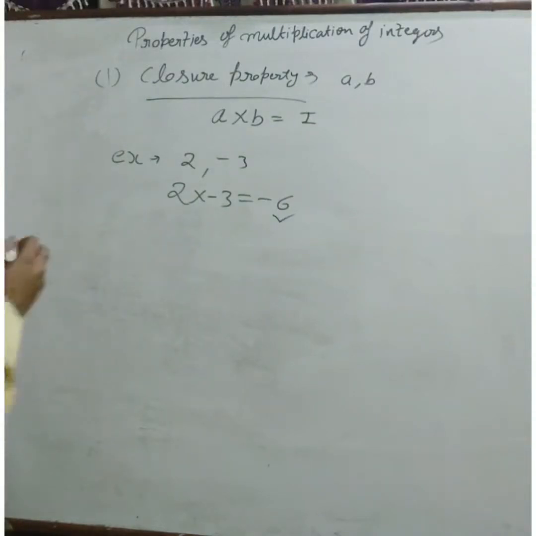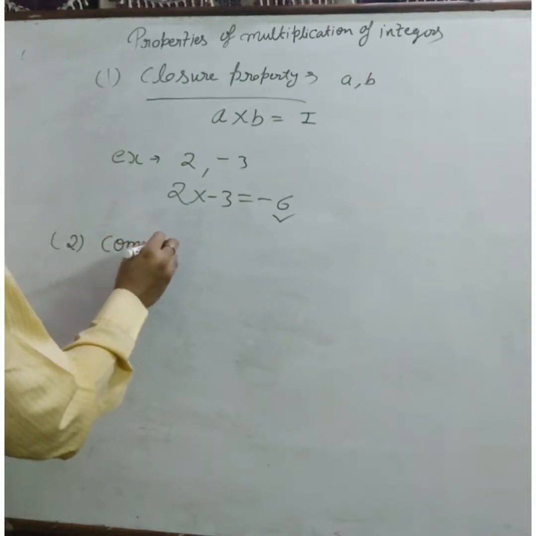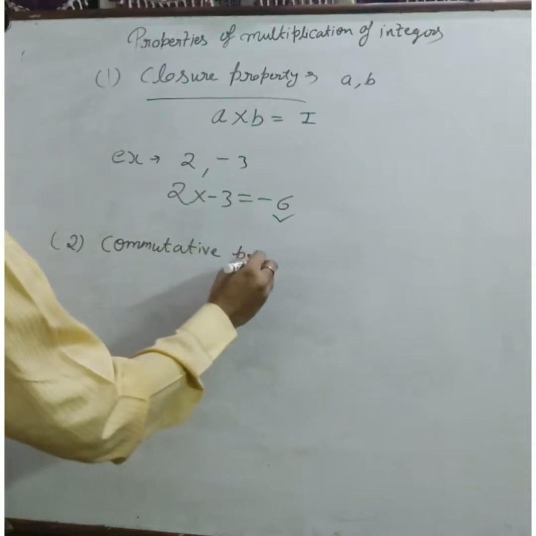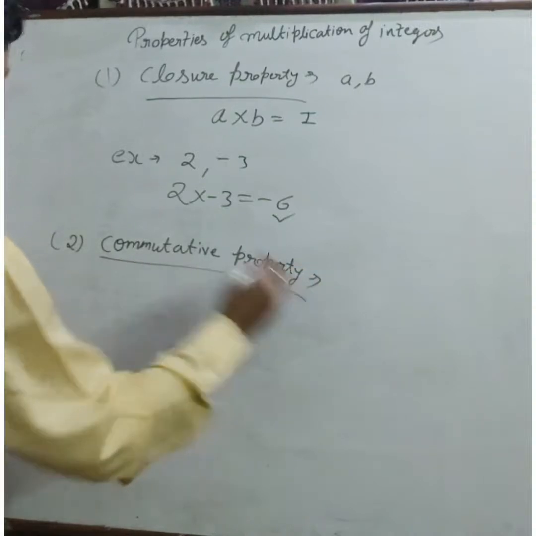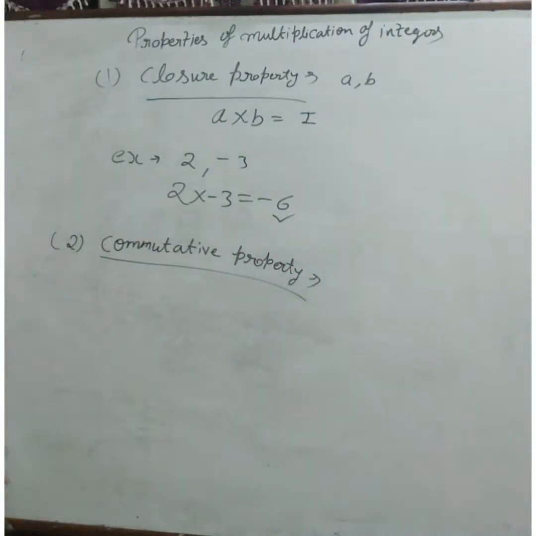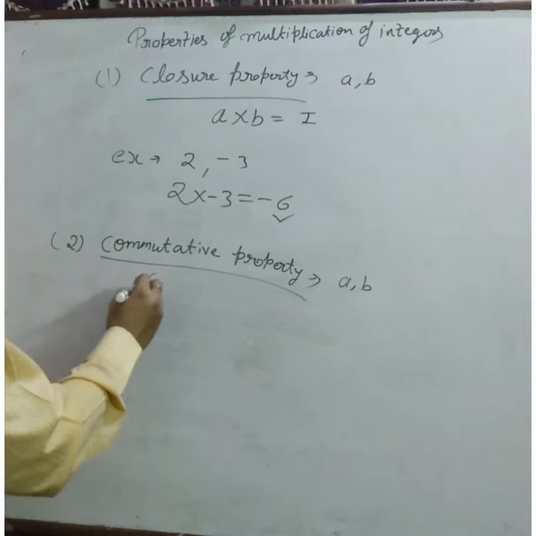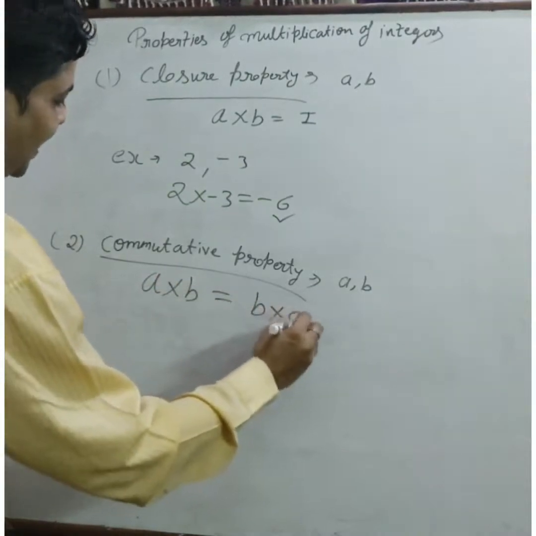Now the second property is the commutative property. In the commutative property, if two integers are a and b, then a multiply b is always equal to b multiply a.